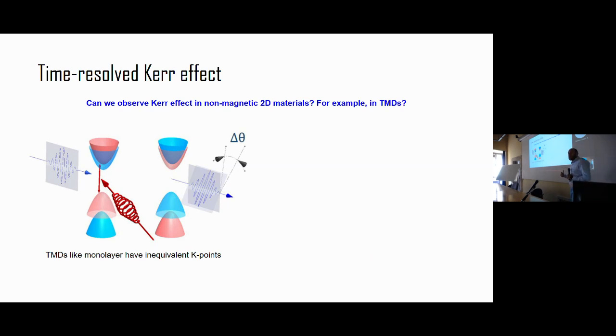This one valley will generate a pseudomagnetic polarization in the material. And when you go with a linear pulse, you will observe a tilt of this polarization. So it's like for a few picoseconds, your material becomes magnetic. And this you can measure with a time resolved Kerr setup.